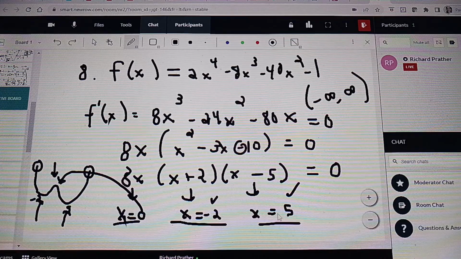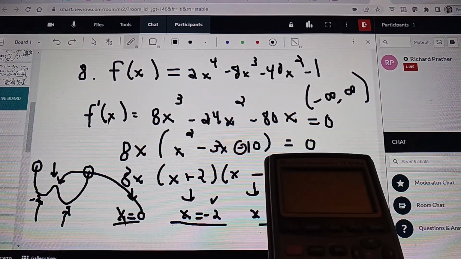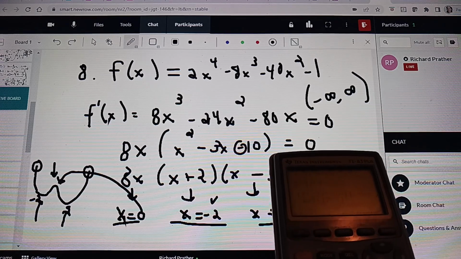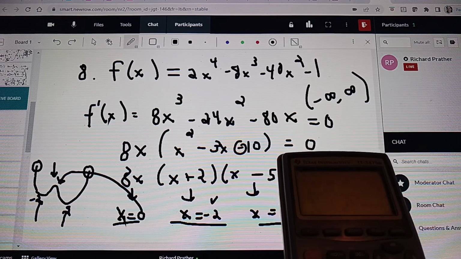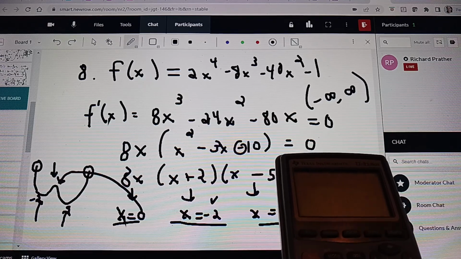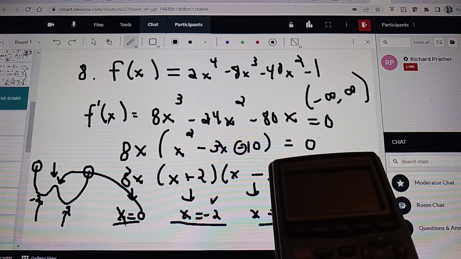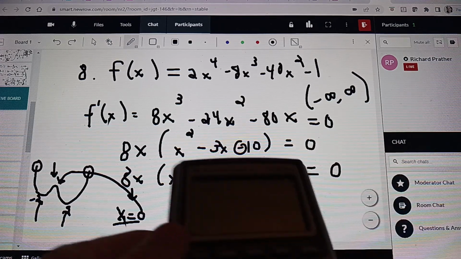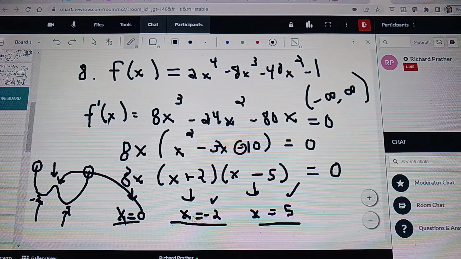So all we got to do is plug these two into the original function and see what the y values are. 2 times 5 to the 4th power minus 8 times 5 cubed minus 40 times 5 squared minus 1. The y value is negative 751 when you're at x equals 5.